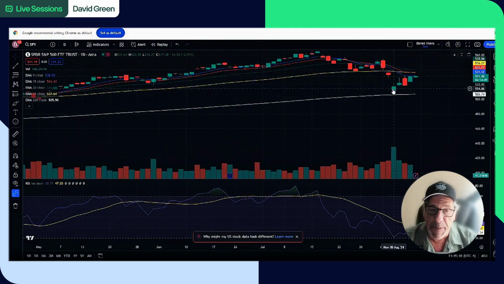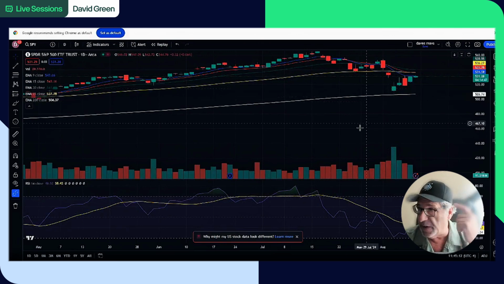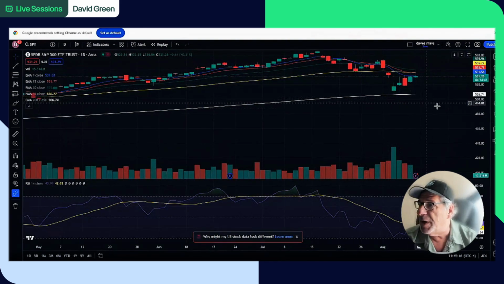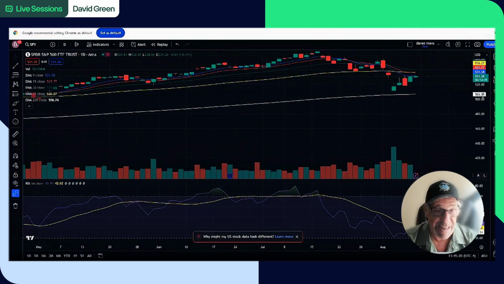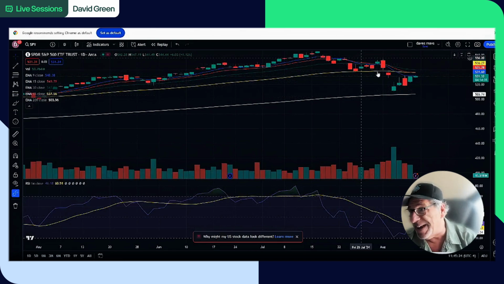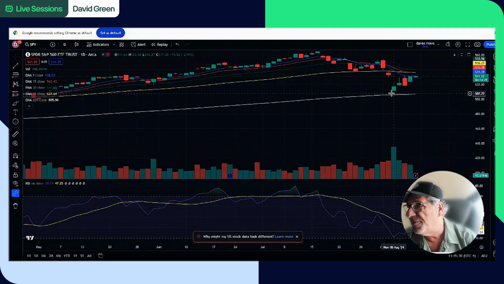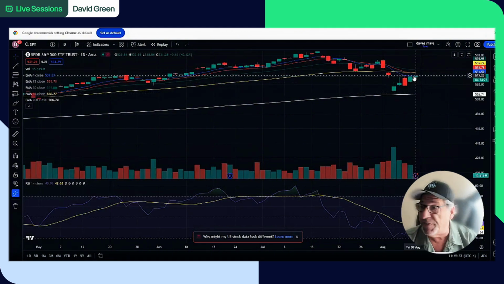The low of the spiders this day, I remember it to the penny, was $506.87. And my 200 EMA was at $506.74. So after going down 8%, it missed it by 13 cents. And from 507, we went up to 531 in literally 5 days.